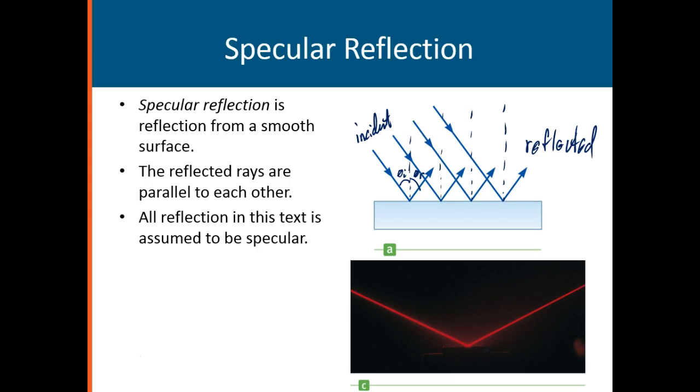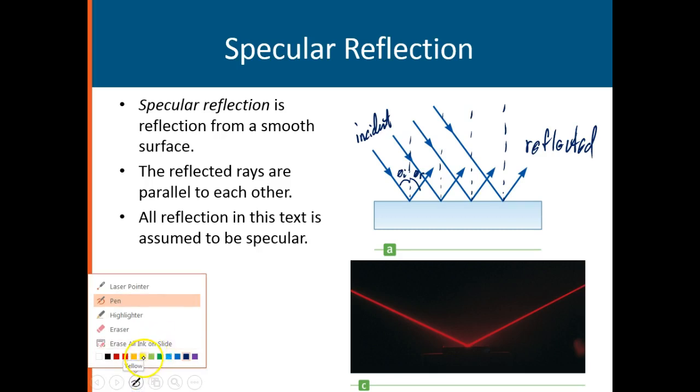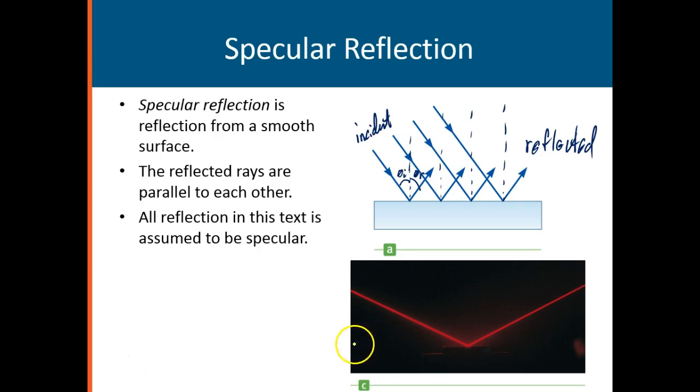Okay, now this is a figure. They don't really show the surface, or at least I can't see the surface. But I'm going to pick a light color here, maybe this light yellow, and I'm going to try to draw, really poorly, the surface. If that's the surface, this is the normal to the surface.